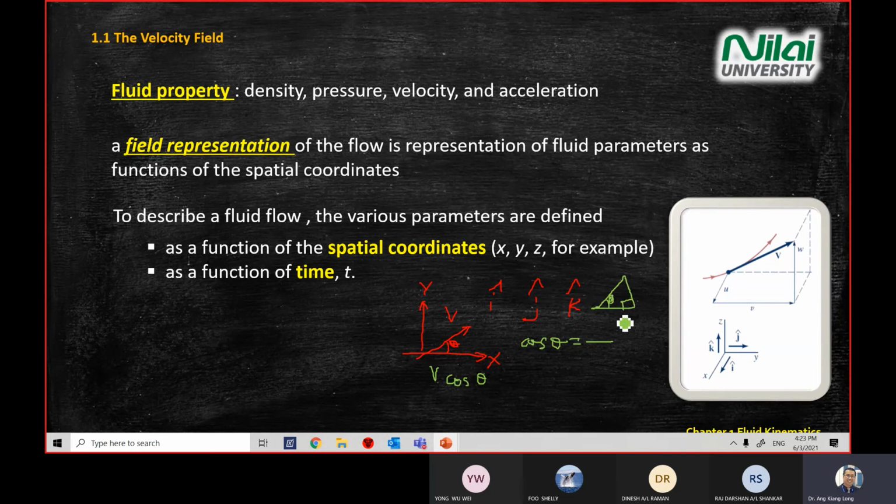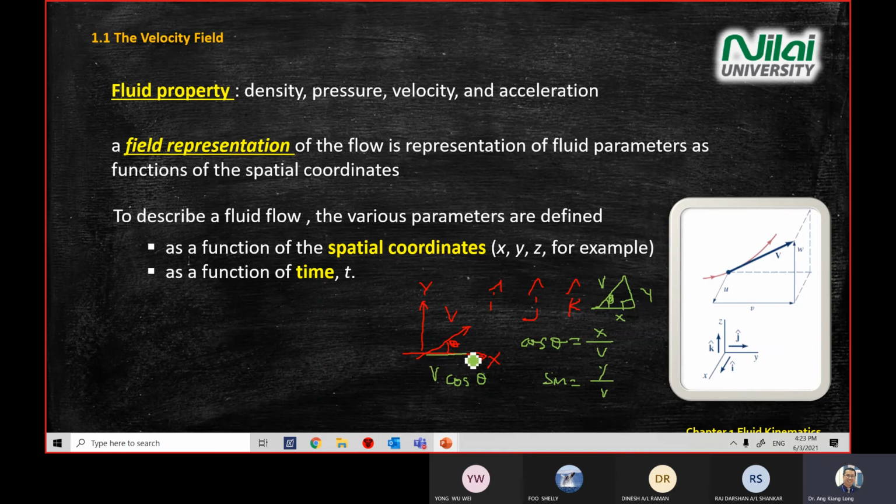Let's say this is your x, this is your y, and this is your vector, maybe V. So cos theta equals x divided by V. Sine theta equals y divided by V, and so on. Tangent theta equals y divided by x.